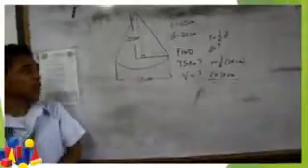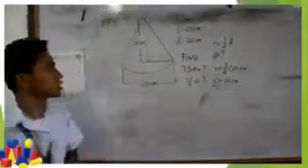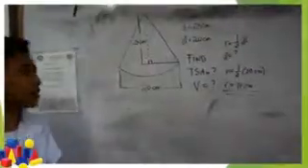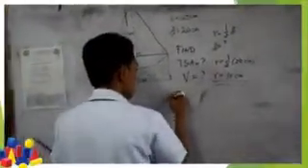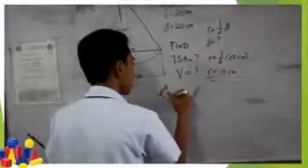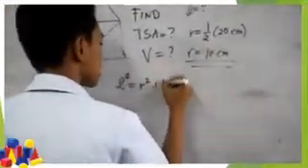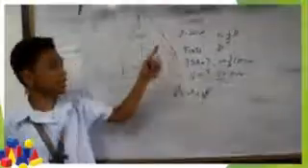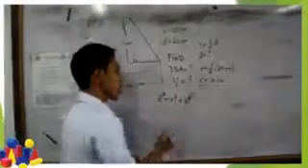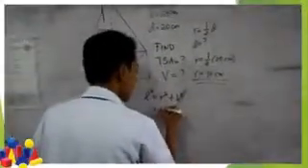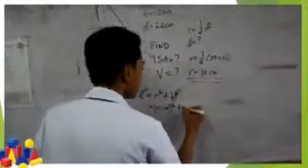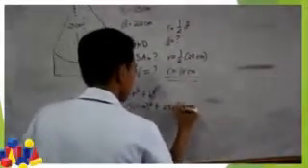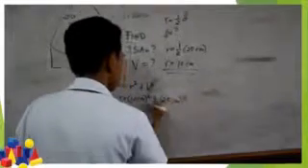For the slant height, since the cone has a right angle, we use the Pythagorean theorem. The formula is l squared is equal to r squared plus h squared. So we have the height and the radius. Substitute them, we have 10 cm squared plus 25 cm squared.